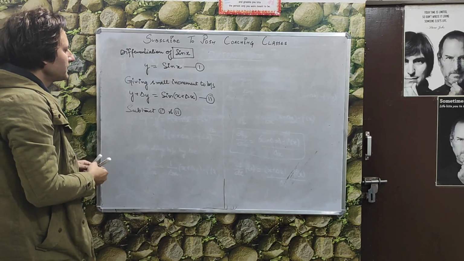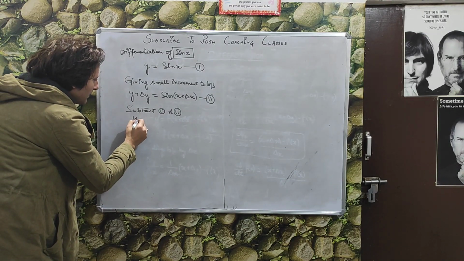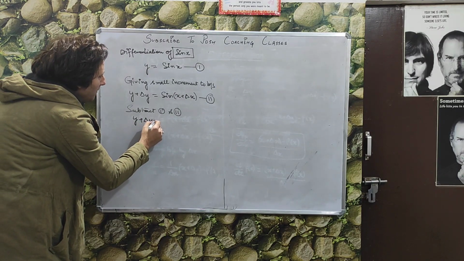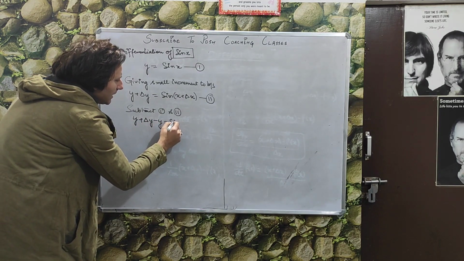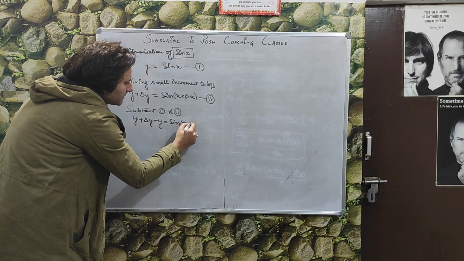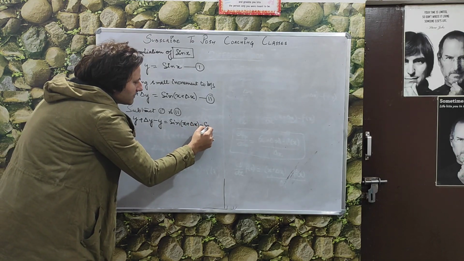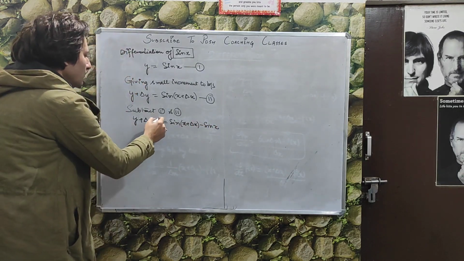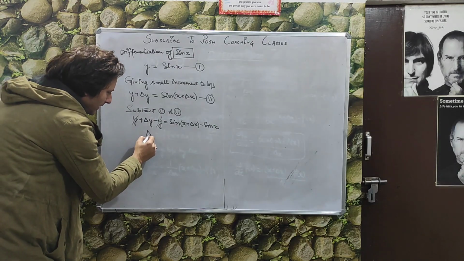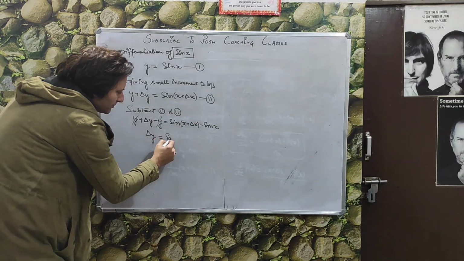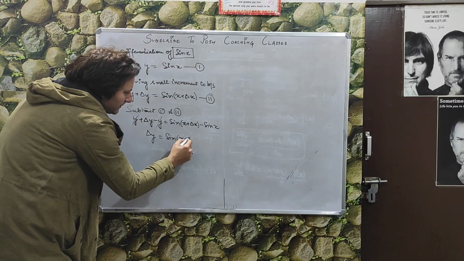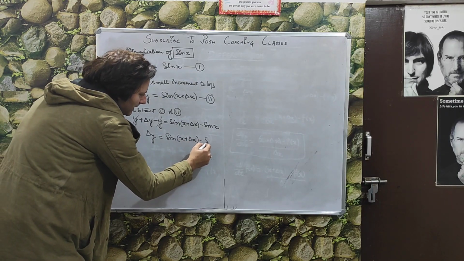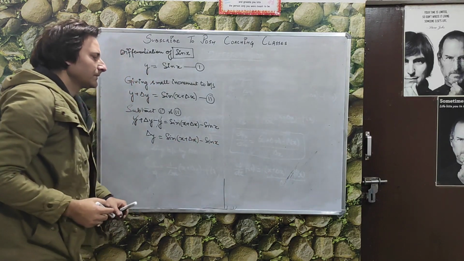Subtracting first and second, we write y plus delta y minus y is equal to sine of x plus delta x minus sine x. Y and y go. We have delta y is equal to sine of x plus delta x minus sine x.